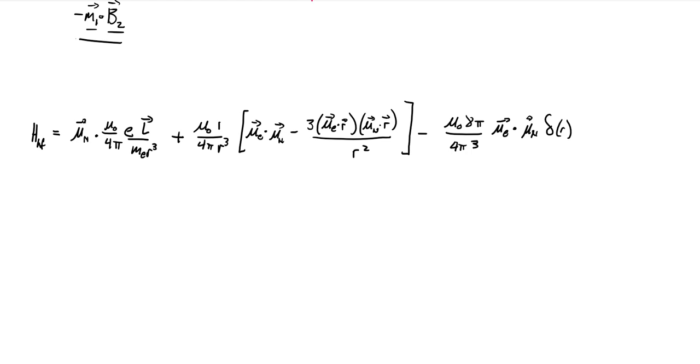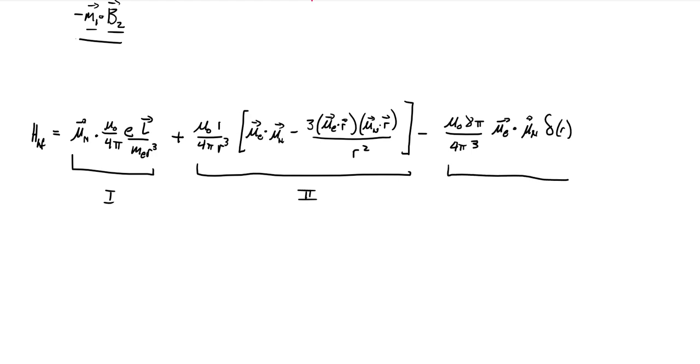It's got 3 terms, right? So we've got this first term here, our second term here, and then this third term over here. And they all correspond to different aspects of the electron's magnetic moment interacting with the nuclear magnetic moments. The gist is this first one here: you can see it has the intrinsic magnetic moment of the proton, our nucleus, and the orbital angular momentum of our electron.